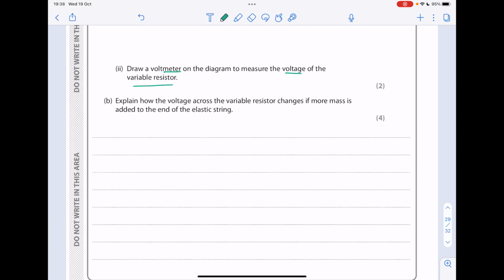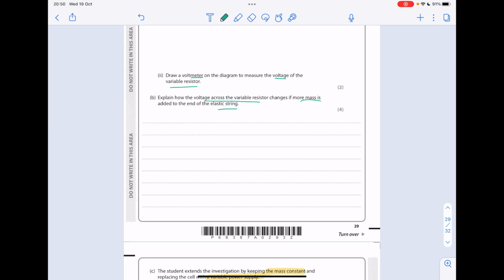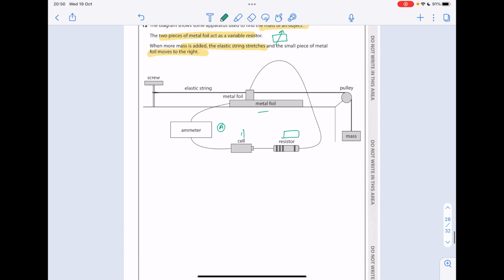Explain how the voltage across the variable resistor changes if more mass is added to the elastic string. Now this is hard. Let's actually look at this picture here to try and understand what's going on. So if we increase the mass, it pulls that metal foil block this way, effectively increasing the length of the metal foil, and that means there's more positive ions conveying more resistance to those electrons trying to get past.